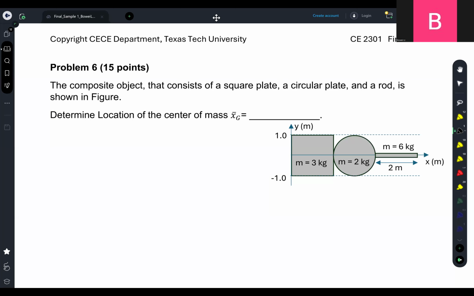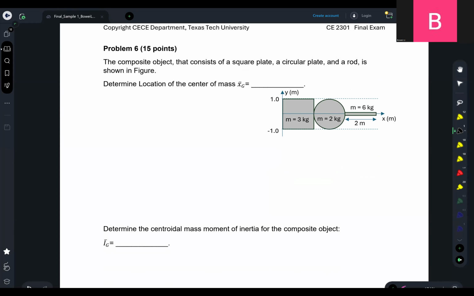Okay, so for problem 6 here, we are supposed to find the location of the center of mass, as well as the central mass moment of inertia, for the composite object.